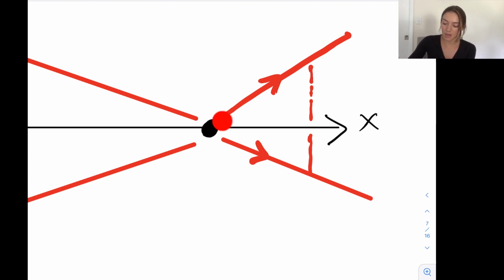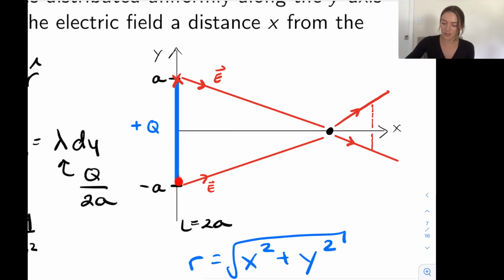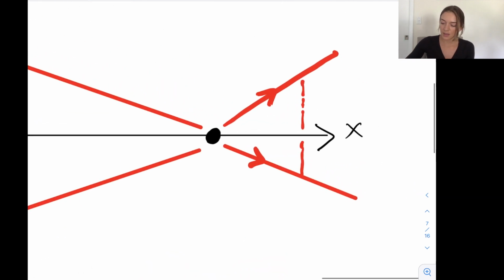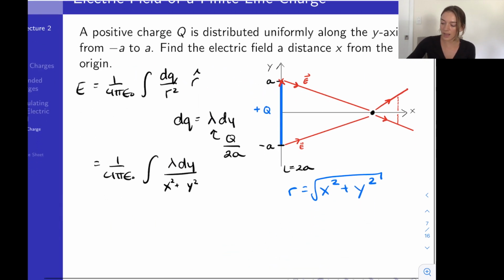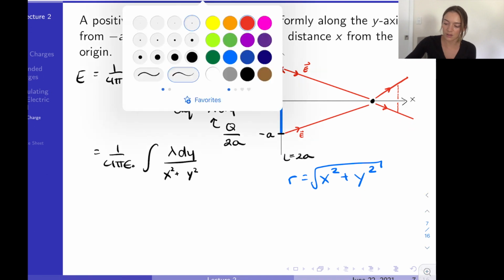Because if I break up this vector and this vector into the x and y components, we'll see that the y components are equal and opposite, right? Since this rod is symmetric about the x-axis, this component over here and this component are going to cancel. So our y component of the electric field is going to cancel.